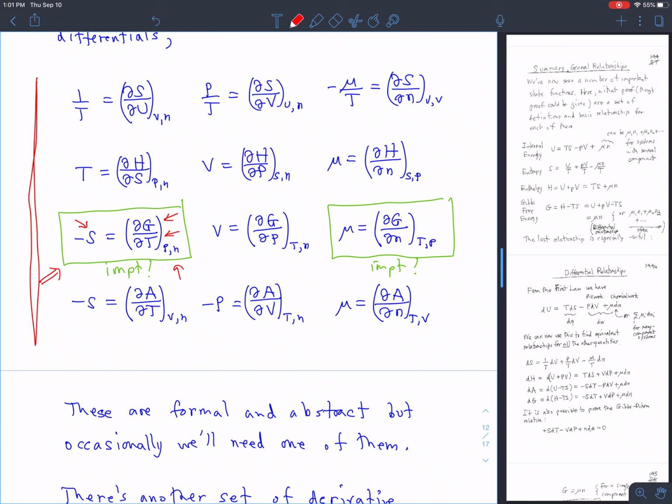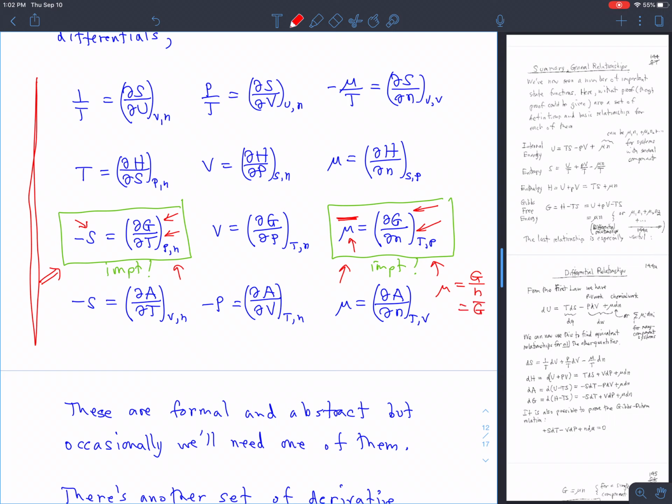And the other one is that the chemical potential is equal to the derivative of the Gibbs free energy with respect to mole numbers holding temperature and pressure constant. That's the relationship that's almost always used in order to define what we mean by chemical potential. And you can see that it's related to the relationship we saw earlier, that chemical potential for a pure substance is equal to the molar Gibbs free energy.